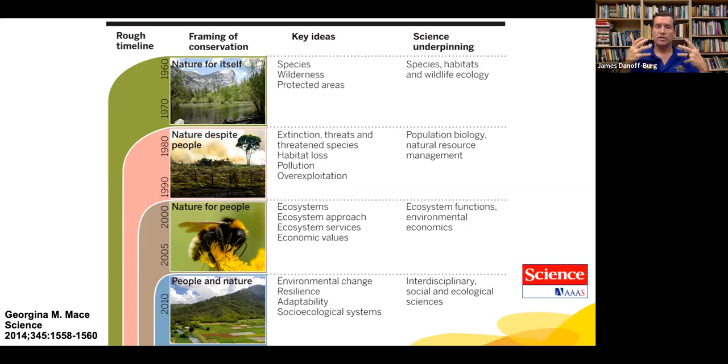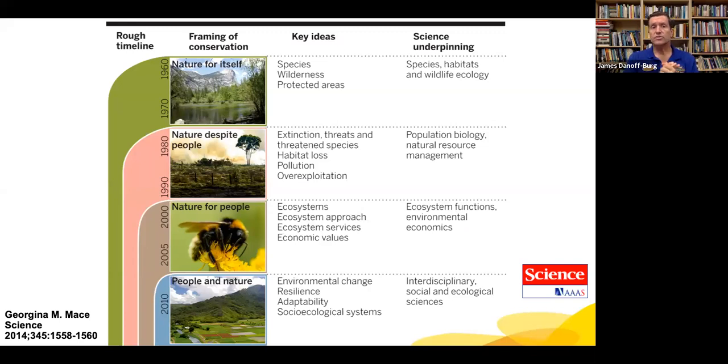We started to come up with understandings for it, understanding the threats of extinction, of habitat loss, of pollution, of overexploitation, bigger picture issues that were starting to bubble, like ideas of climate change, for example. And this was really focused on population biology, natural resource management. So again, very conservation biology focused, biology being the focal point there.